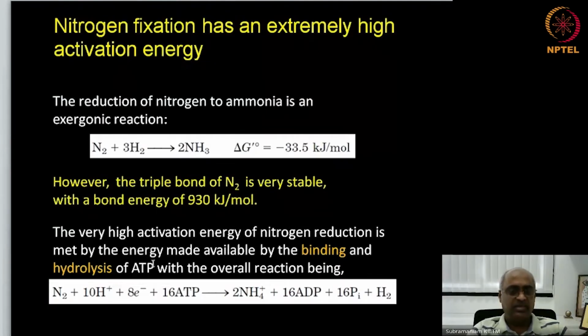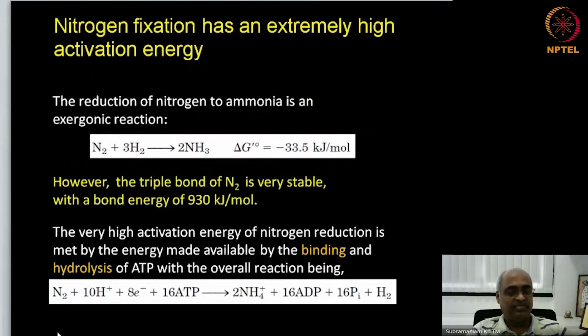And second, of course, which is familiar to us, ATP hydrolysis itself proceeds with a negative delta G, and that energy is also available. So here the ATP provides energy in two important ways, and just to stress that point, I have colored them separately. Okay, so the summary is this: nitrogen plus 10 protons, 8 electrons, and 16 ATP hydrolysis, to provide 2 molecules of ammonia.